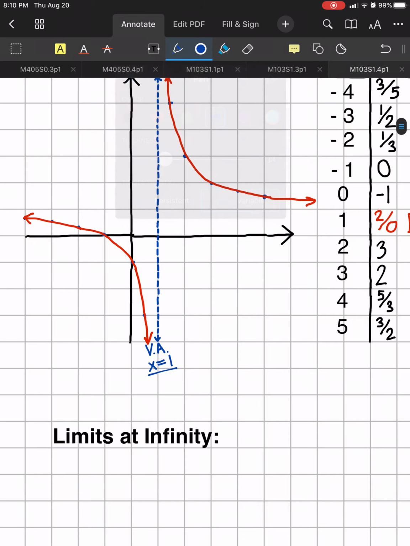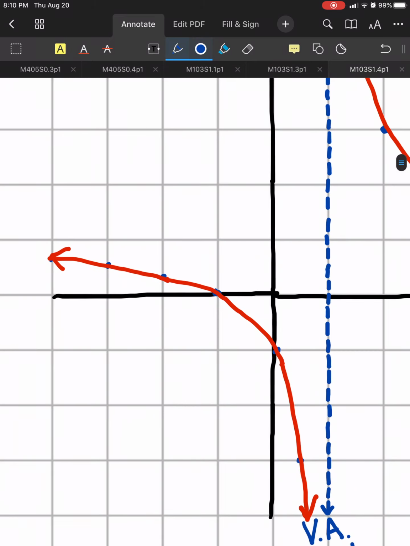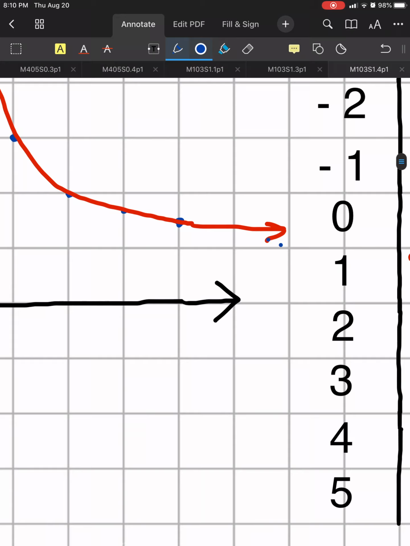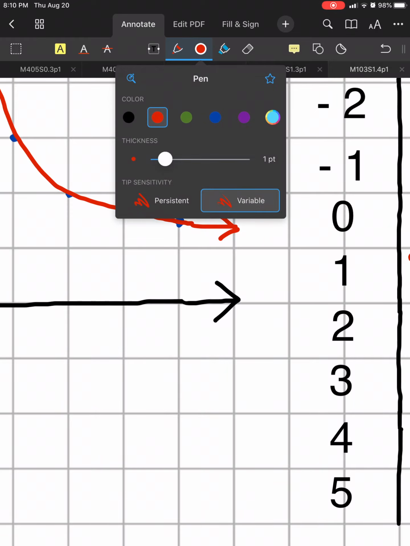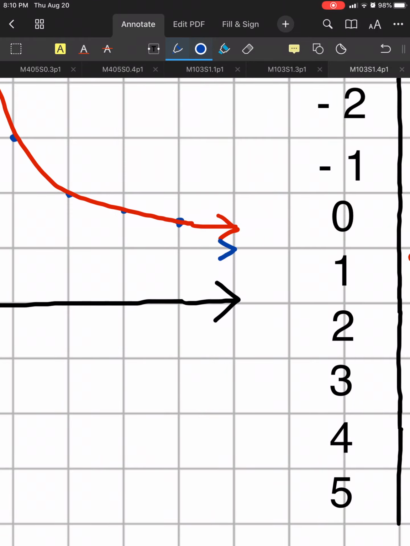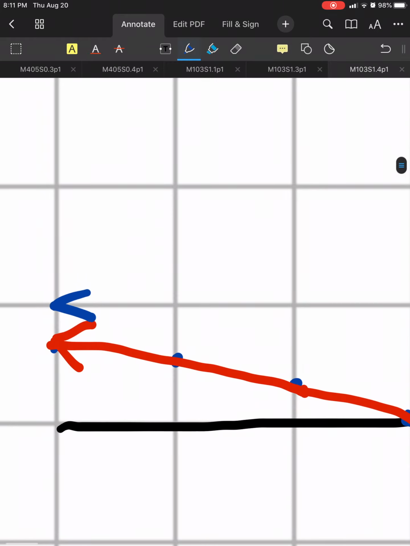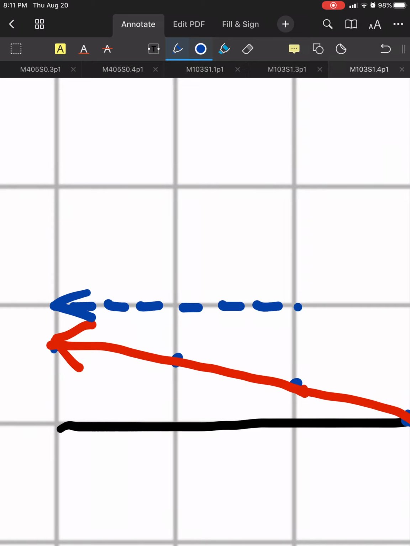And in fact, that gives us another thing to talk about here, actually 2 other things to talk about. One, hang on, I didn't need to go that far, did I? All right, so what we see here is we're getting a limit, but a different kind of limit than we've looked at so far.